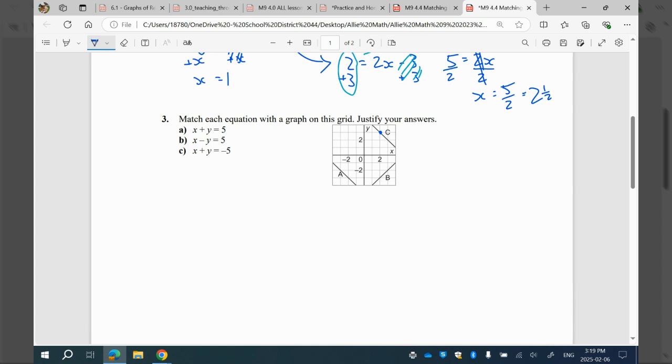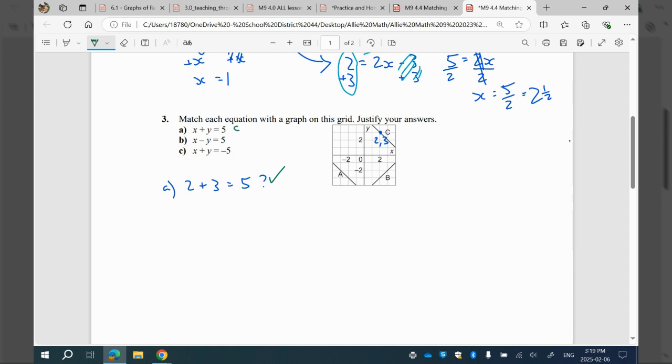This dot is at 2, 3. Let's try it for the first one. If we input the values for A, is it true that 2 plus 3 equals 5? Yes, indeed. So I think that's a good indication that this is line C right there.